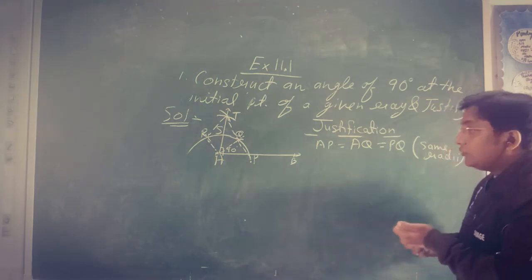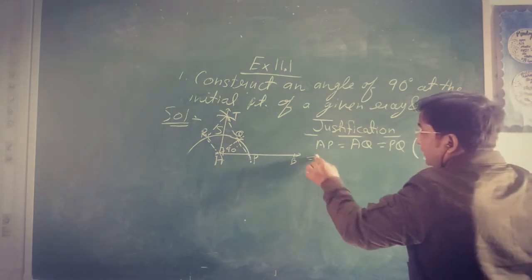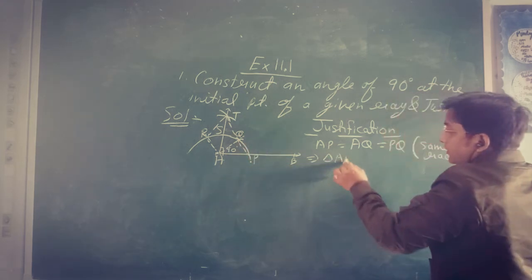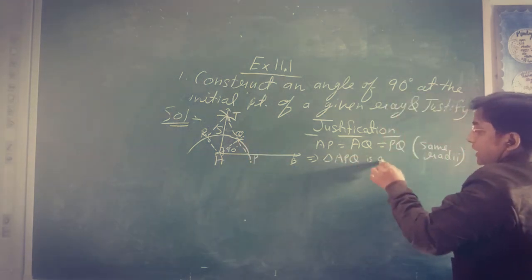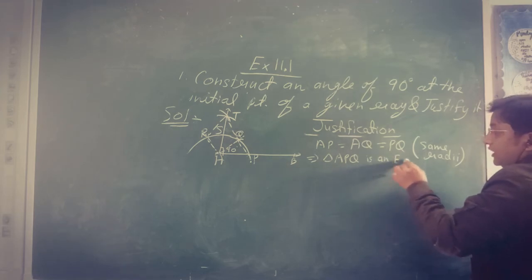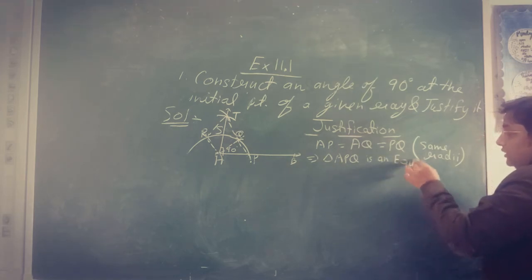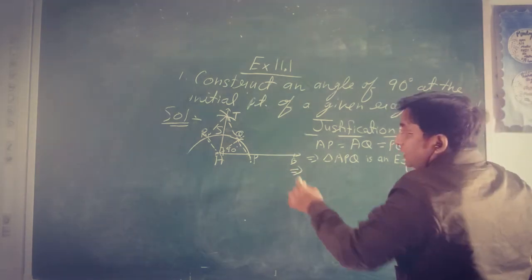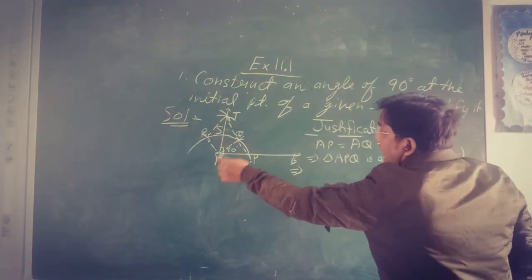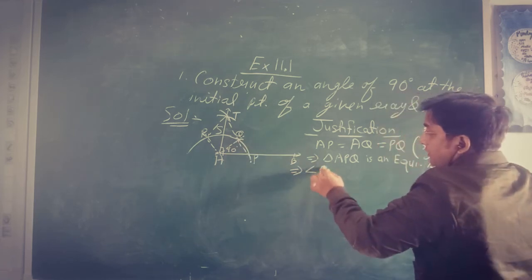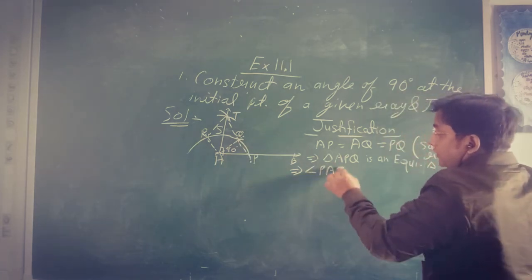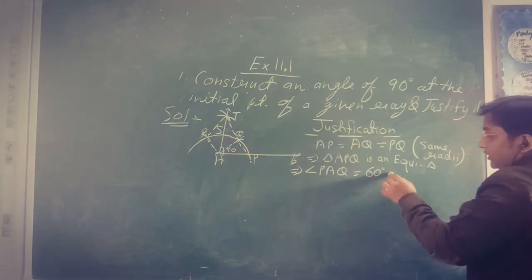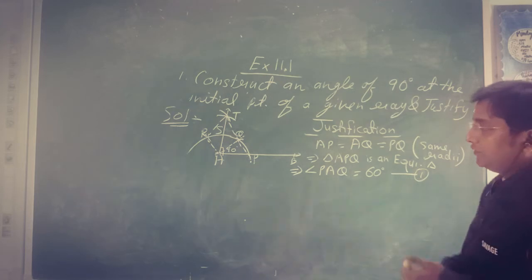So this implies that triangle APQ is an equilateral triangle. This implies that angle PAQ is equal to 60 degree. We'll be using this.